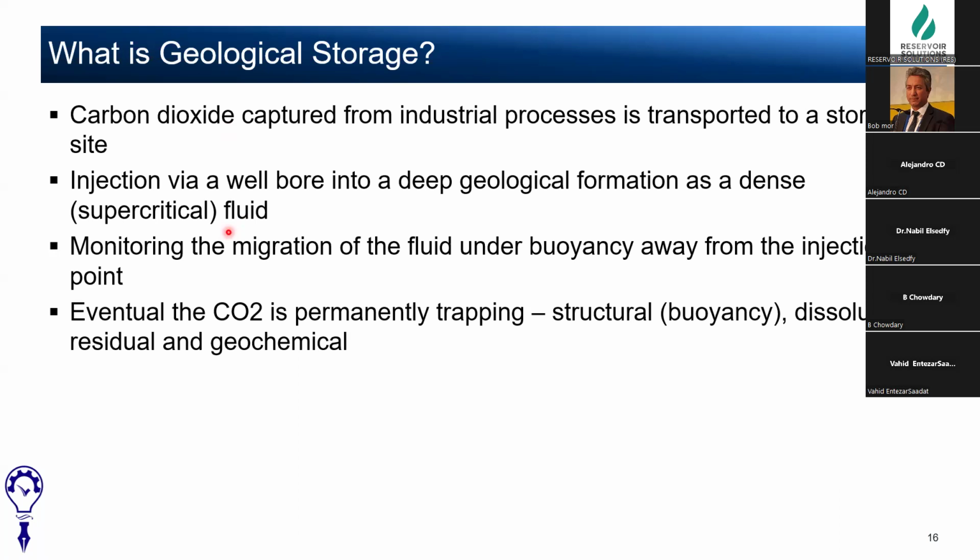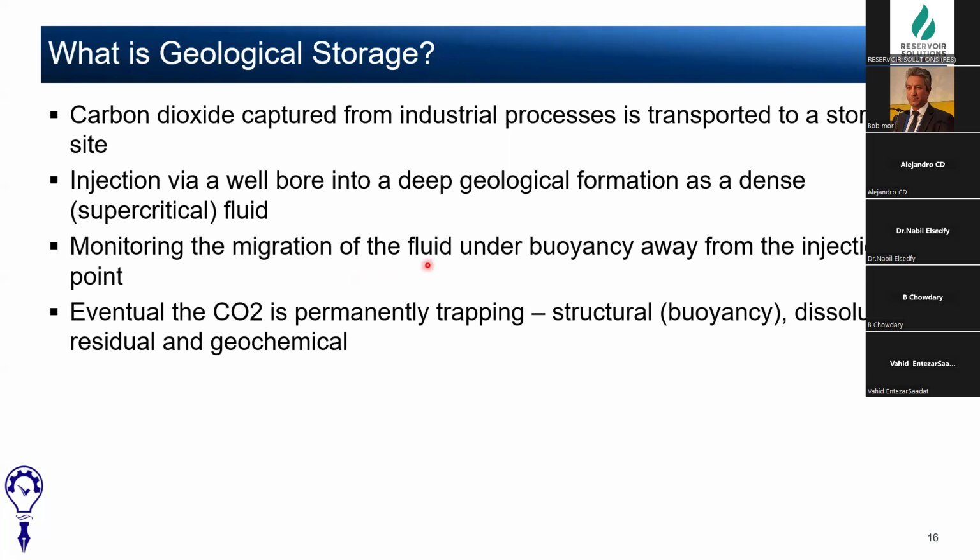After injection and during injection, we need to monitor the migration of CO2 under buoyancy away from the injection point to see if the CO2 is, for example, going somewhere else or leaking. This is very important for us because, as I mentioned, we need to safely and permanently store CO2 underground. So it is very important to monitor that.